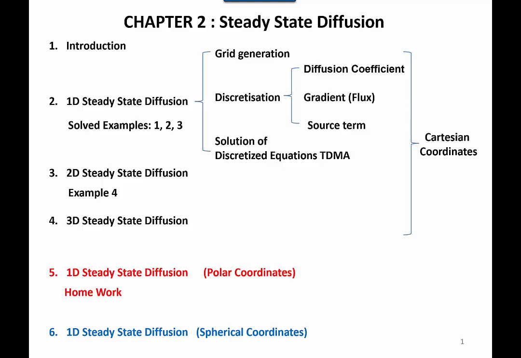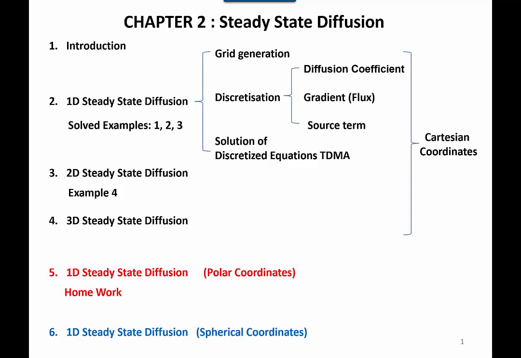Today we will continue with part 2 of this chapter, and we will study the 2-dimensional steady-state diffusion, and we will take an example and solve it. Then we will study the 3-dimensional case for the steady-state diffusion, and in this way we will finish the Cartesian coordinate.